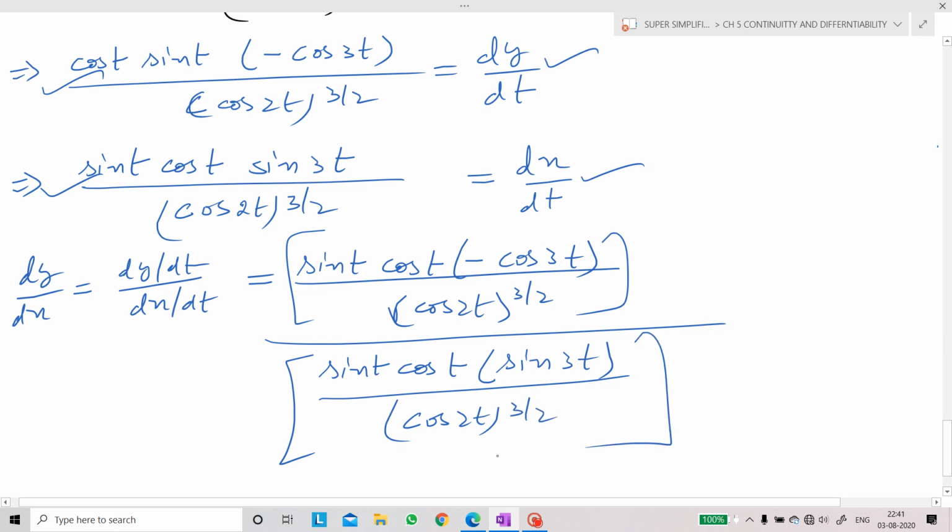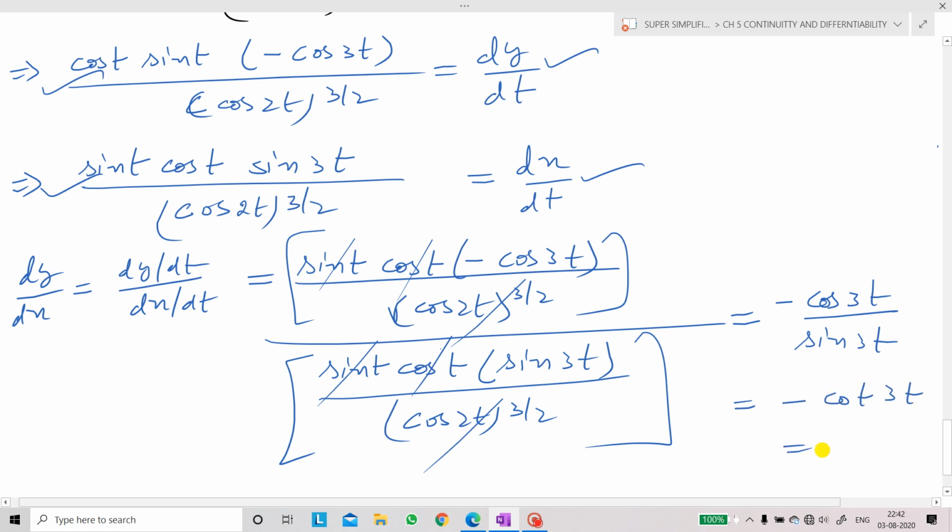So we can see that sin t, cos t cancel out, and cos 2t raised to the power 3 by 2 also cancelled out, and we are left with minus cos 3t upon sin 3t, which is equal to minus cot 3t, which is your answer.